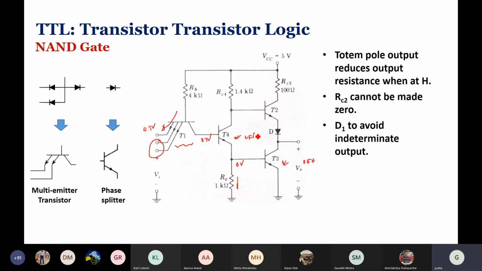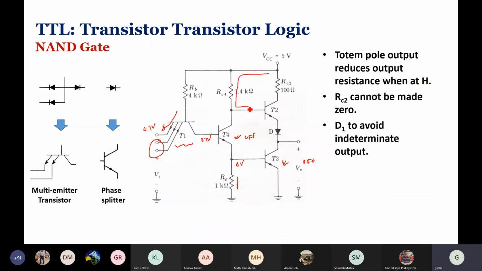Now what happens to T2 when this is low? This is 0.1 volt over here, so this T4 is off. This is 5 volt, and this is the 1.4 kilo ohm resistance that is there, so there is a path for it.